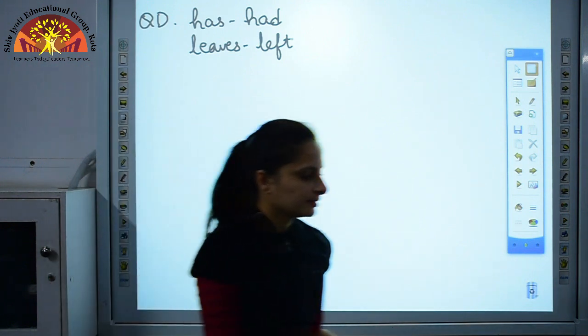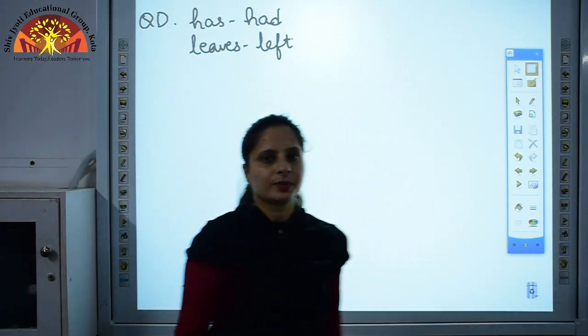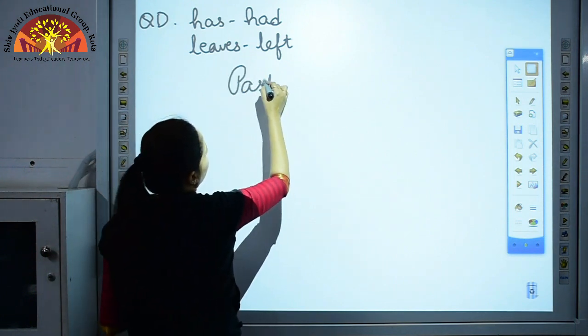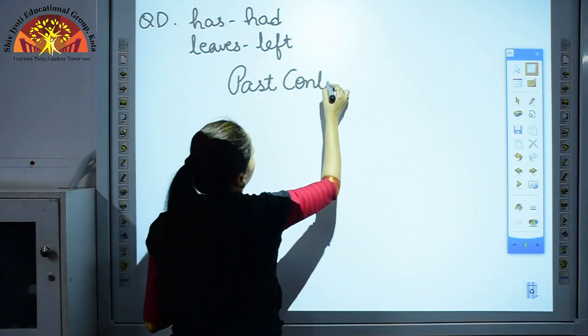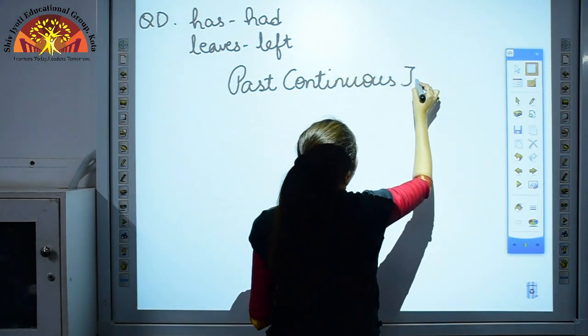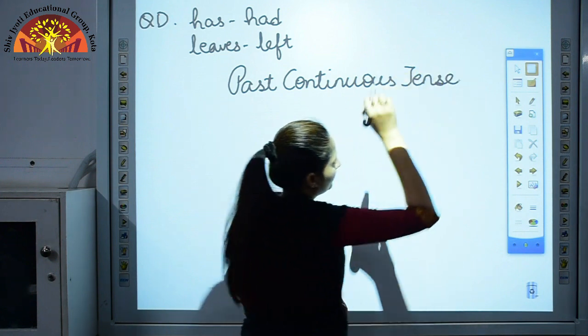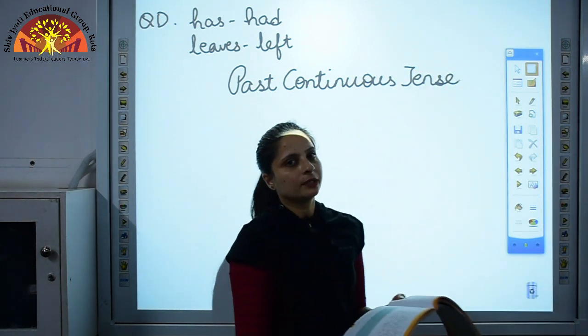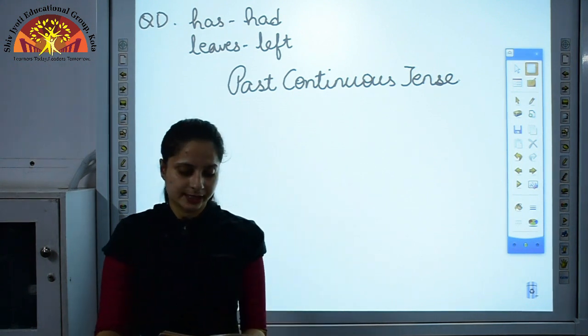Now I'll discuss the past continuous tense with you all. Past continuous tense. I hope you all must have understood the past tense. Now we learn about the past continuous tense.